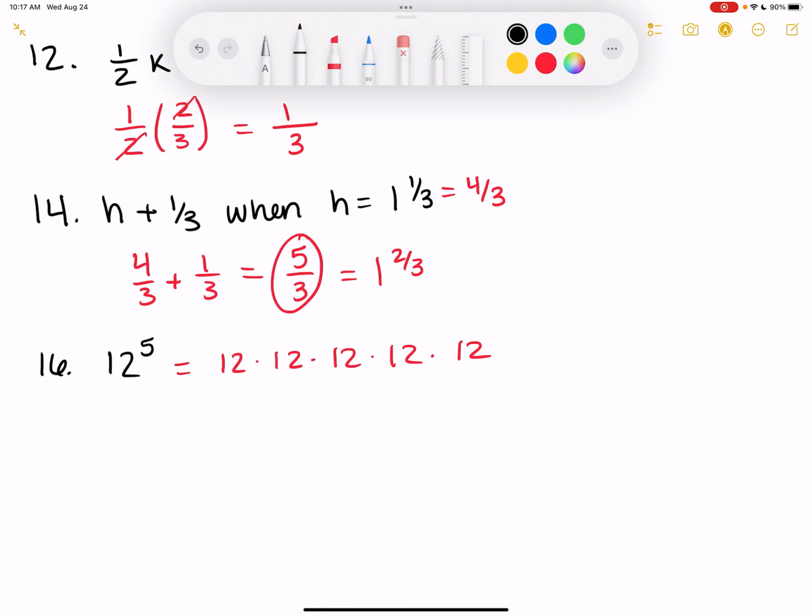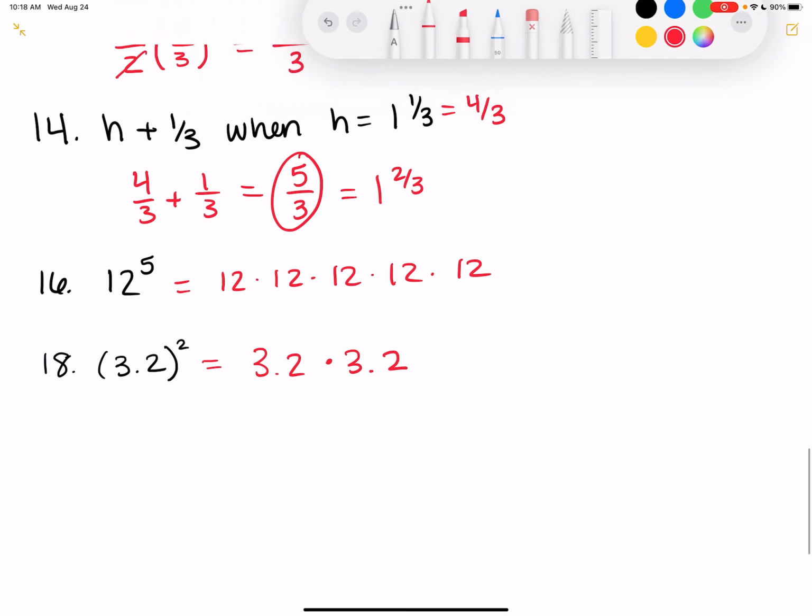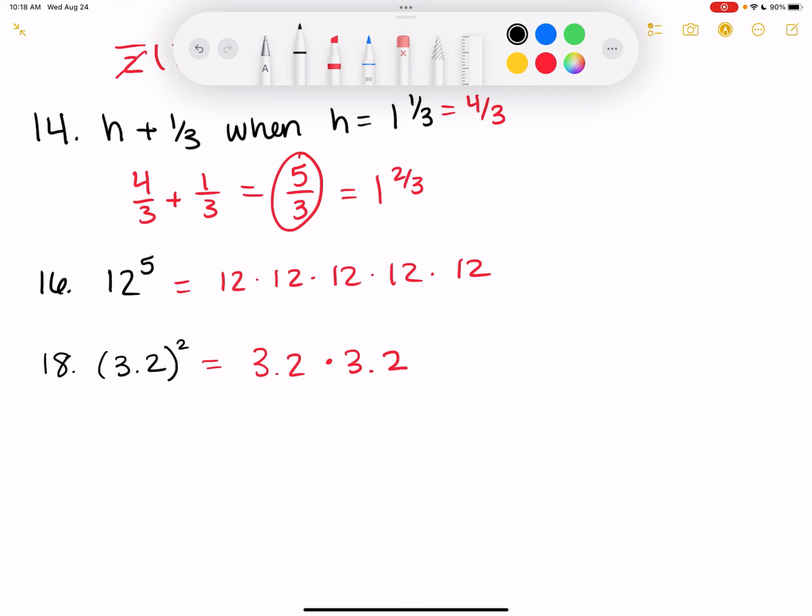Let's see. 18, 3.2 raised to the 2. So what would I have here? 2 of them, so 3.2 times 3.2. So then seeing another one written a little bit different, 1/2 raised to the 8th.